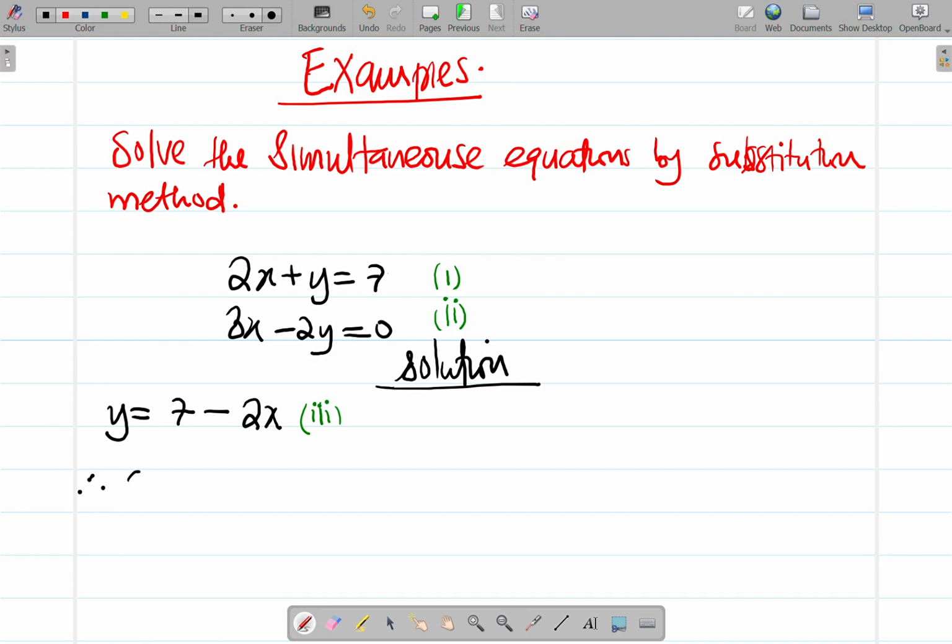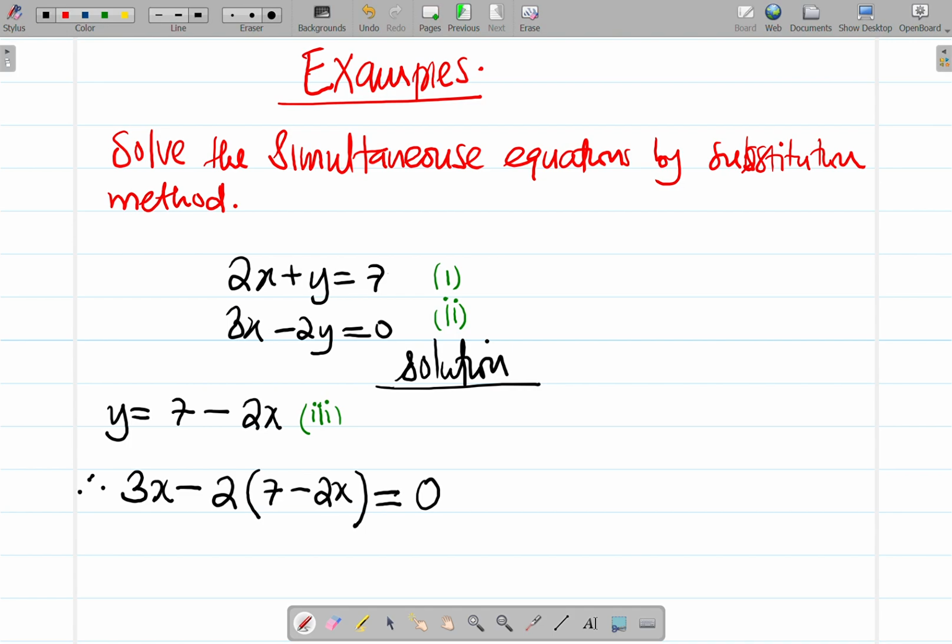Therefore, 3x minus 2 multiplied by, now my y is going to be equation 3, so 7 minus 2x, is equal to 0. We have done the substitution there. We have used equation 1 to make y the subject, and we have substituted in equation 2.